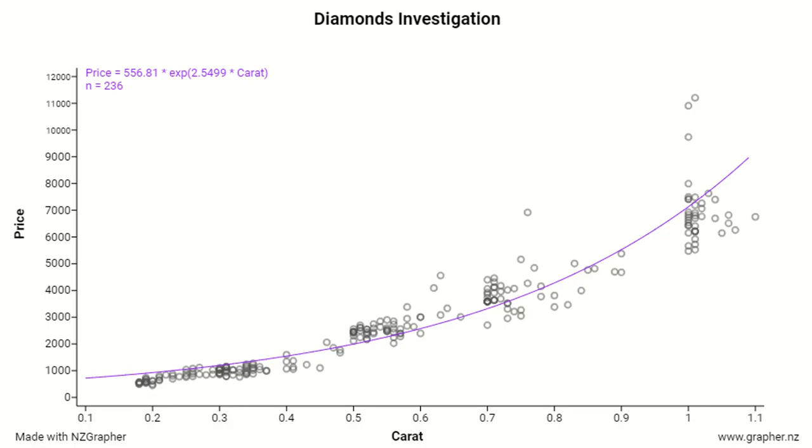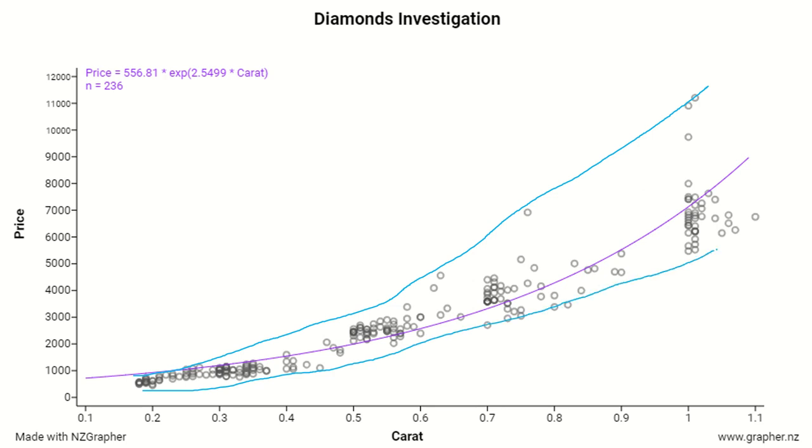So if I jump back into here, this is the exponential model, and I want to know how well does that fit. Well, it certainly fits better than it did before. If I draw my little lines above and below, like I did before, kind of along there, now compare that actual model that's been fitted.